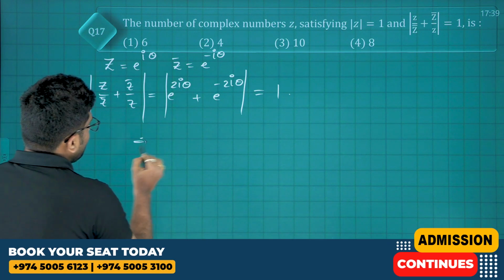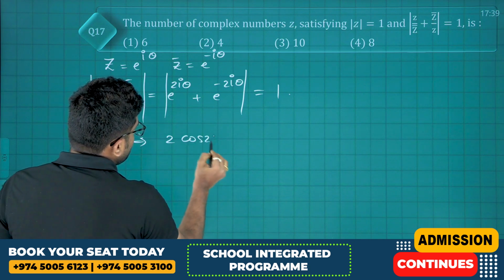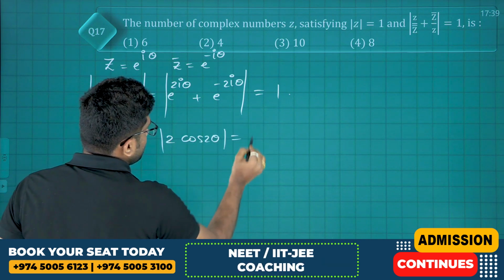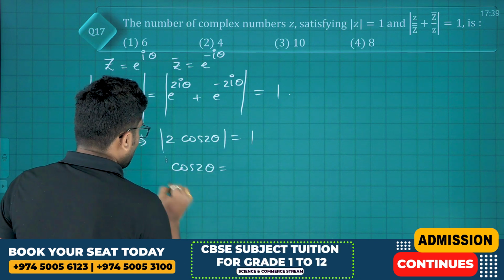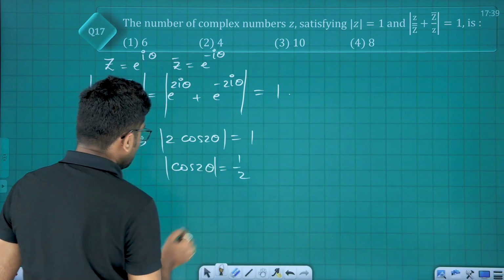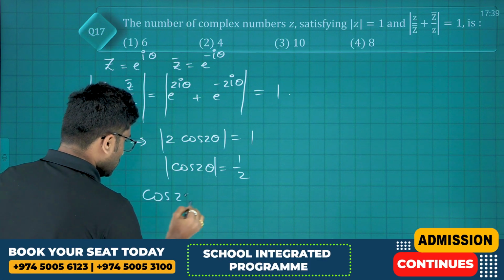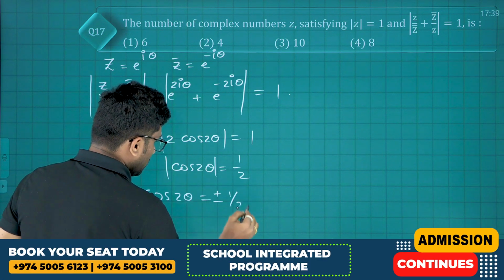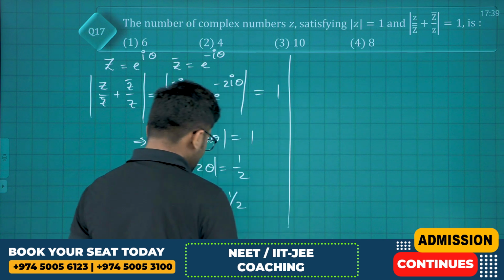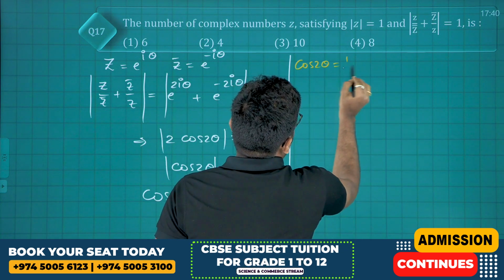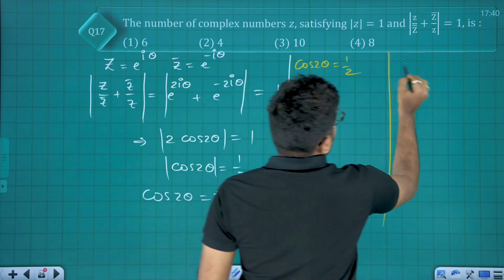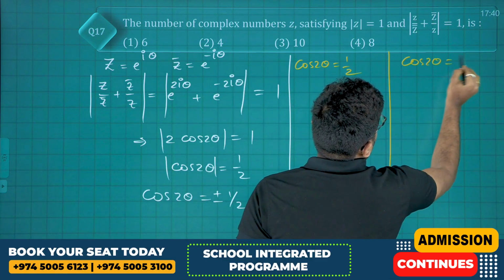Here we get 2 times cos 2 theta, and its modulus is 1. So modulus of cos 2 theta is 1 by 2, so cos 2 theta can either be 1 by 2 or minus 1 by 2.